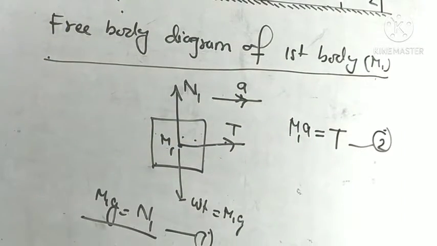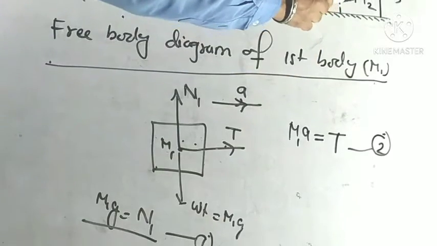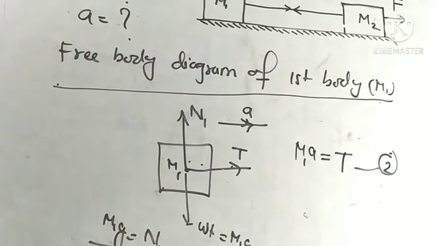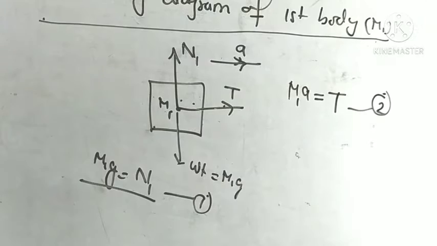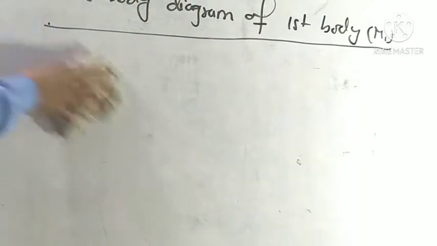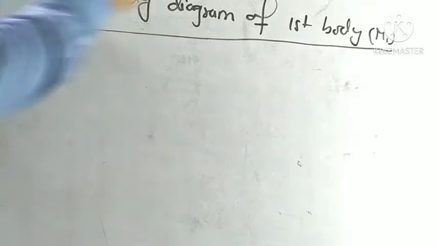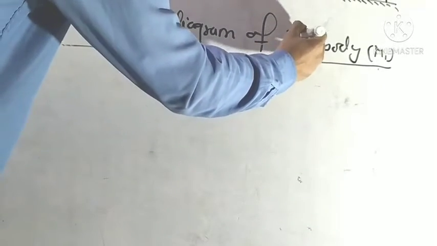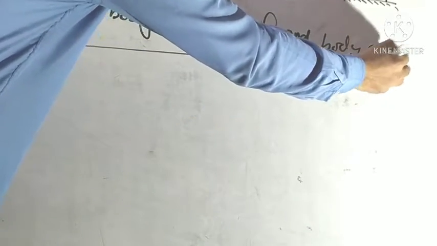Now we discuss the free body diagram of the second body, having mass m2.